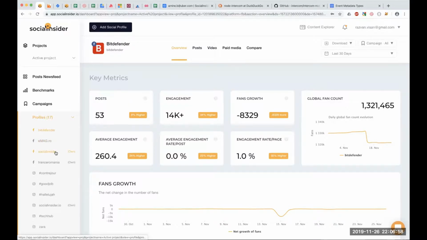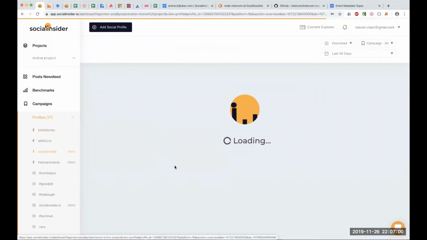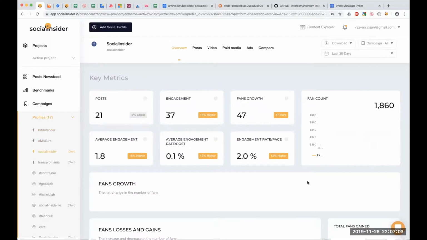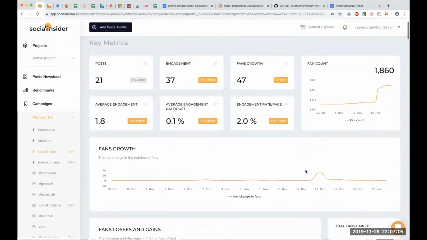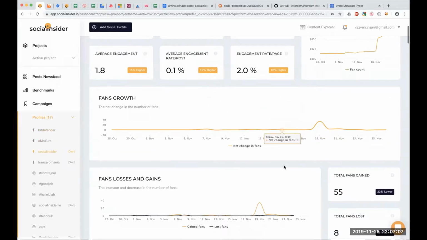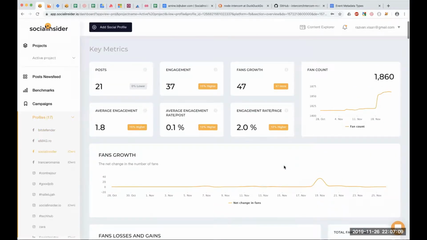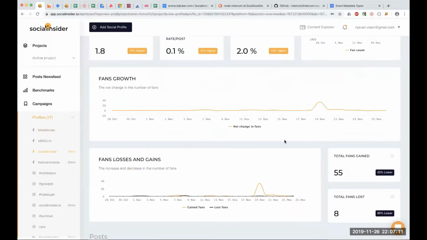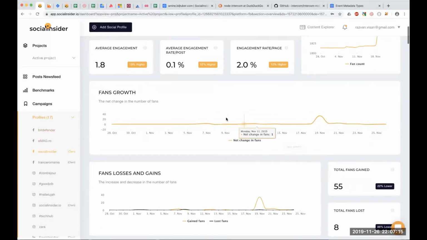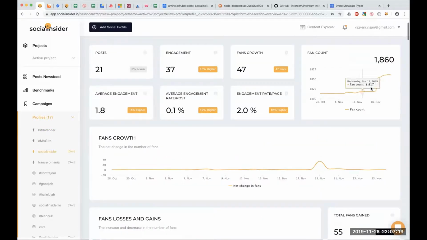One more thing about the own pages. This is again a little different. What we can gather here is that for the own pages, you can get the fans evolution, and you can get the fan counts for a history period.